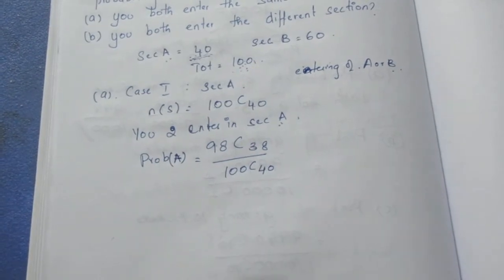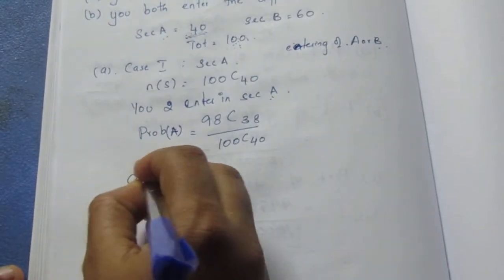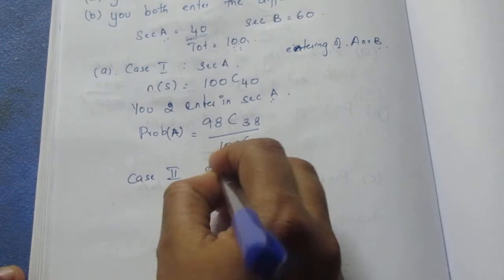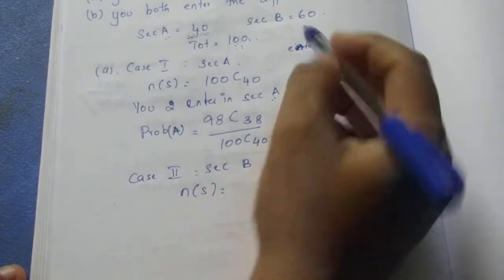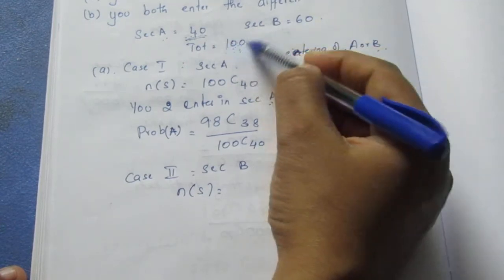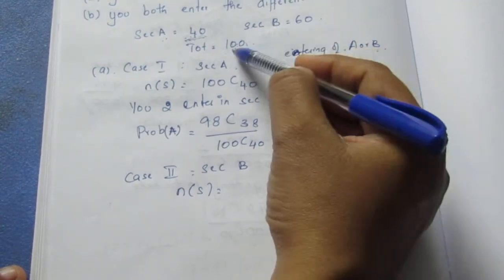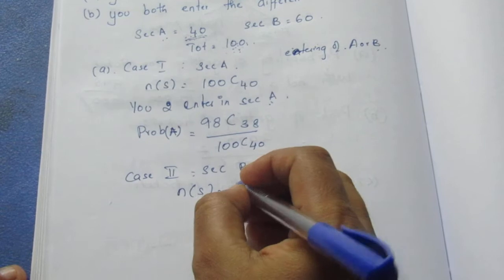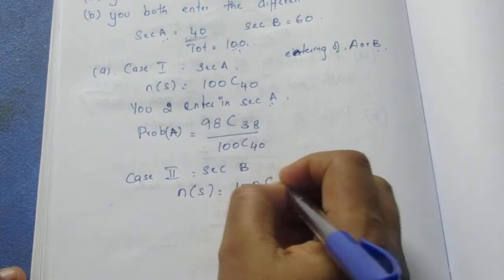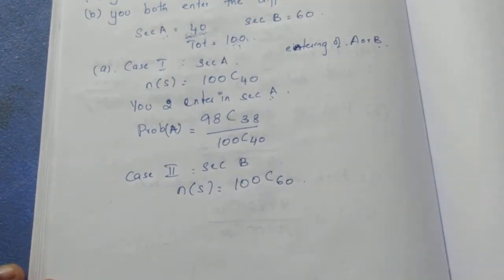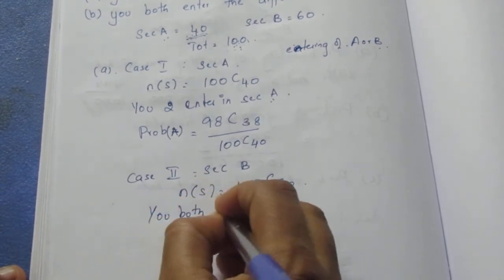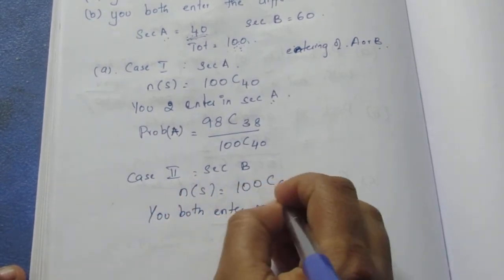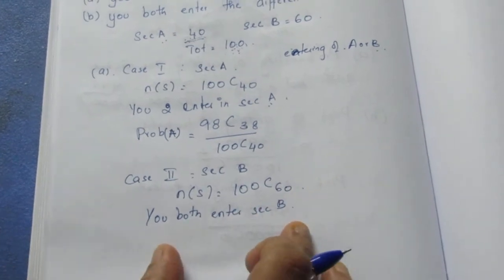Now in case 2 we are taking section B. For section B, n(S) is equal to selecting 60 students from these 100 students, so it is 100C60. You both enter section B compulsorily.